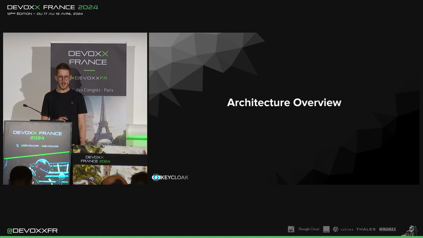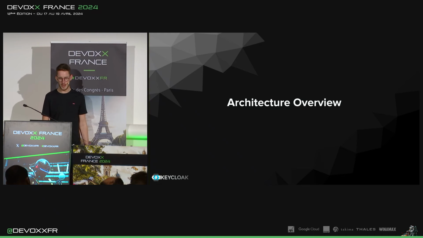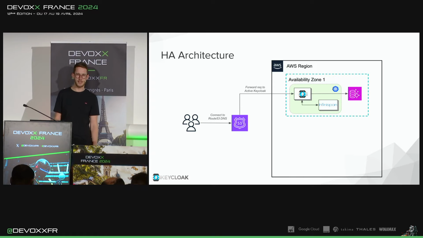So I've introduced a lot of different things there. Hopefully you've followed 90% of it at least. But just to summarize, I'll give an overview of the entire architecture and how everything fits together. On the left-hand side, we have our people, our Keycloak users. They now exclusively connect to Keycloak using a Route 53 DNS record.